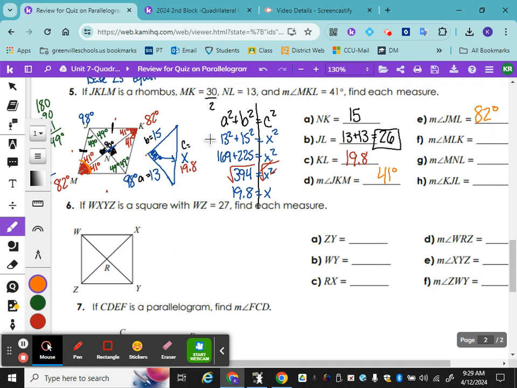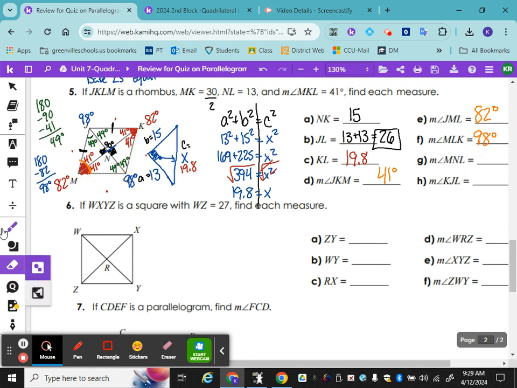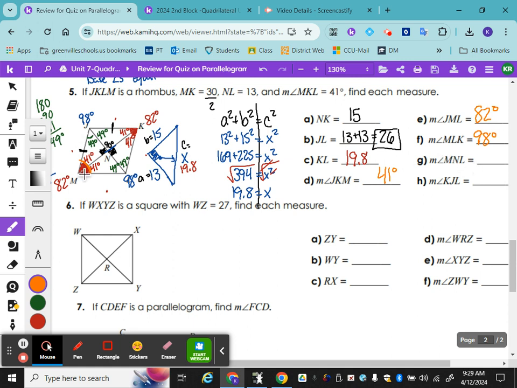Okay. MLK. M's over here. That's both of these put together. That's 98. Or 49 plus 49, which is 98. MNL. That's this angle in the middle. 90.